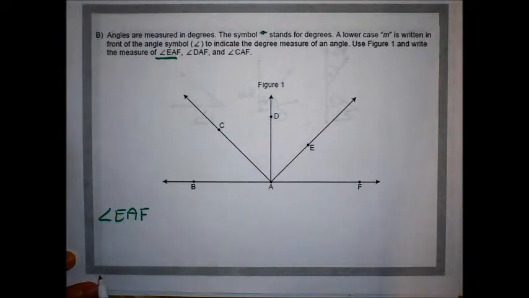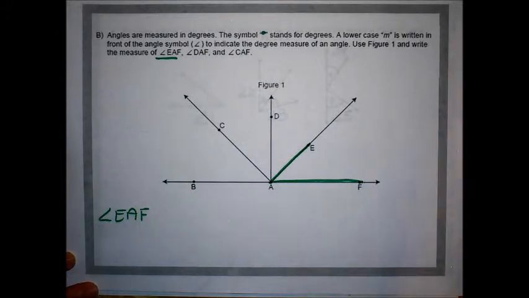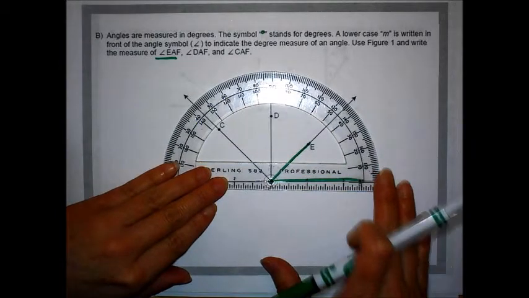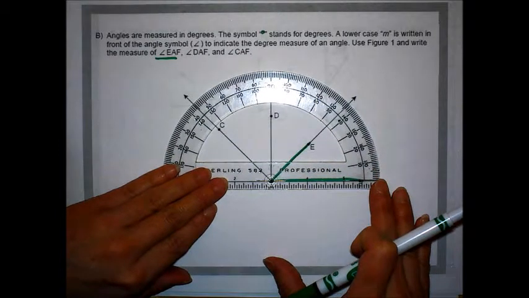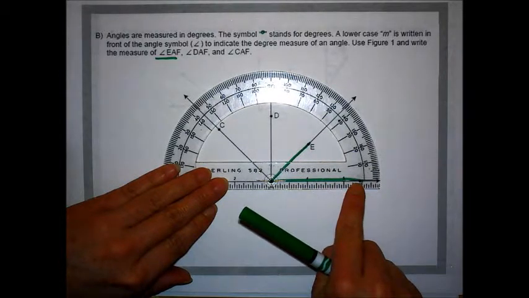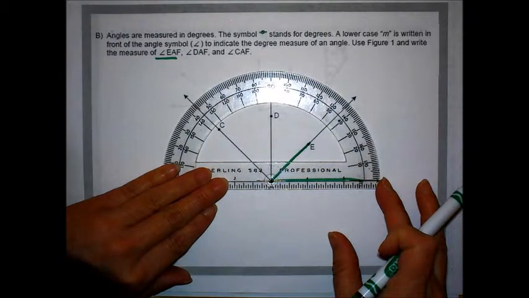To make it a little easier for us, I'm going to trace. So I want to trace from E to A to F. So here's the first angle that I want to measure. So I'm going to line up my vertex point with my hole punch. I'm going to make sure that my bottom line, or my bottom ray, is lined up with the 0.